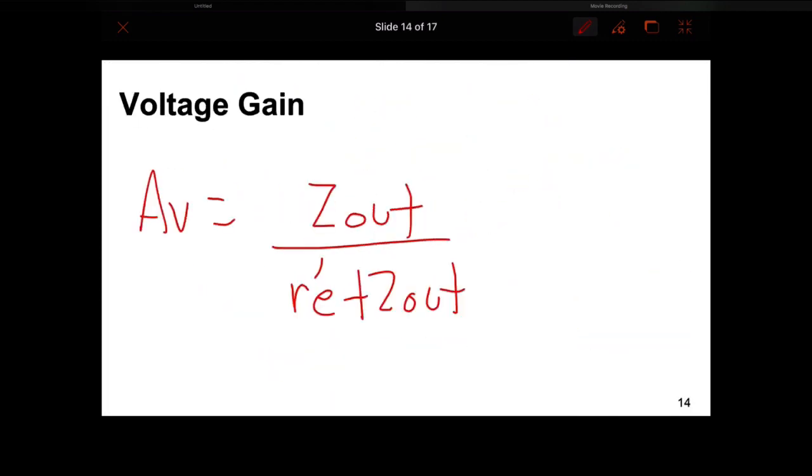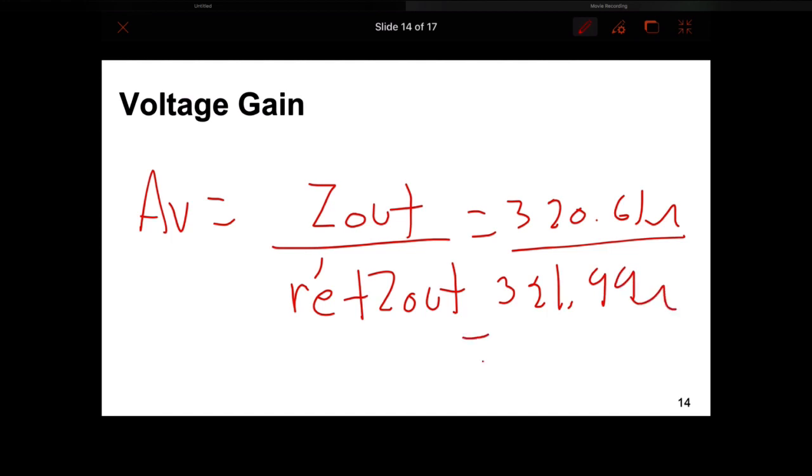So this will be Z out, which was 320.61, divided by 320.61 plus R prime E, which equals 321.99.